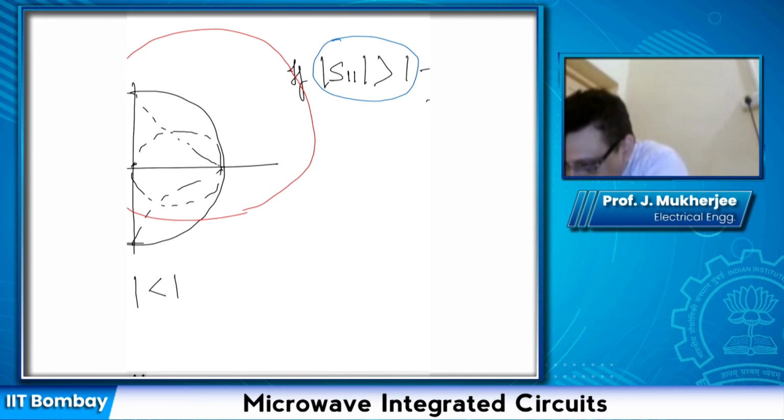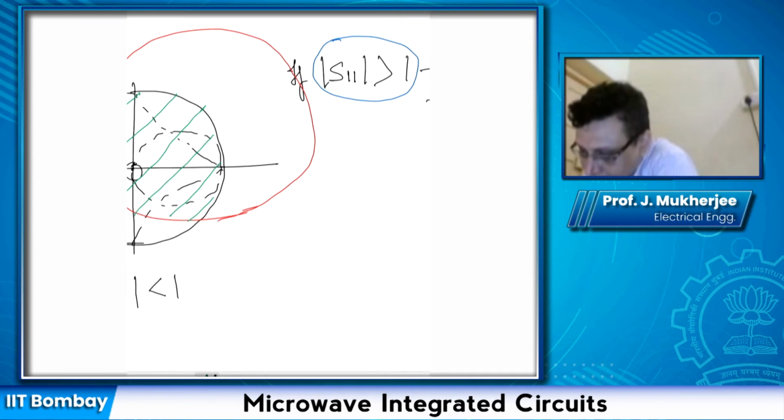If that is the case, then this point represents a stable region, which means that the inside of this red circle in this case is the stable region. So in this case, the stable region will be this green shaded region, because outside this red circle we will have the unstable region and we cannot go outside this unit circle.